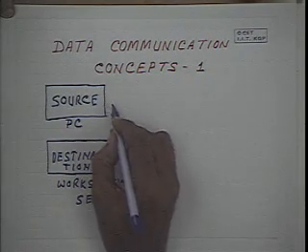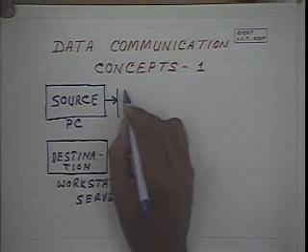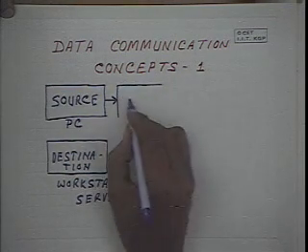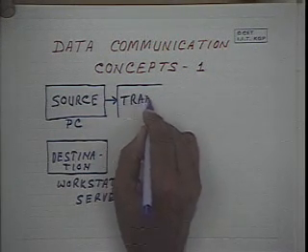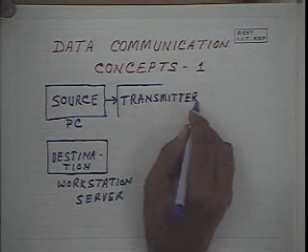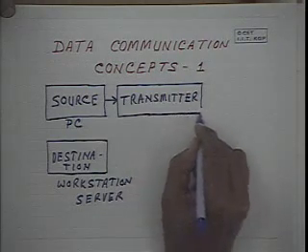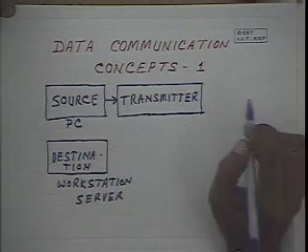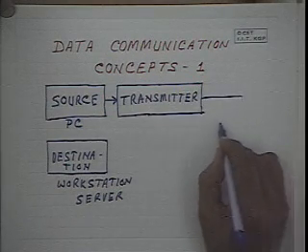Now, the source has to interface with a special device known as transmitter. The transmitter will convert the data to some form which can be sent over some medium.